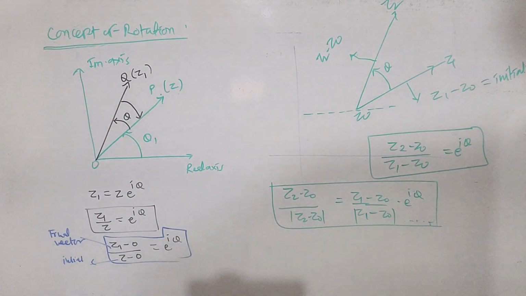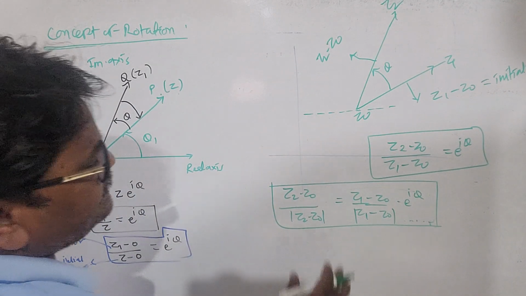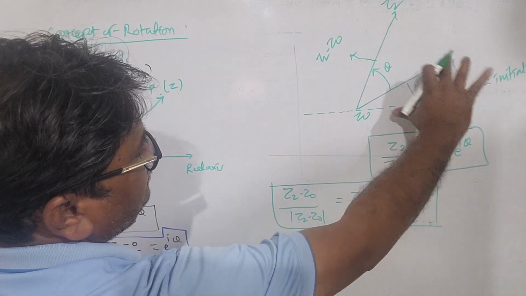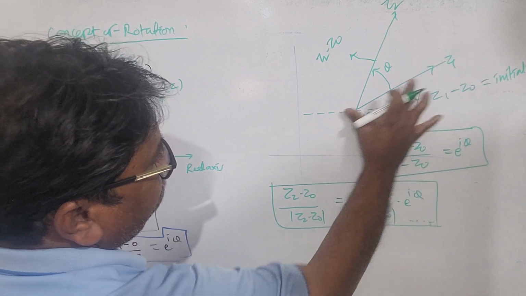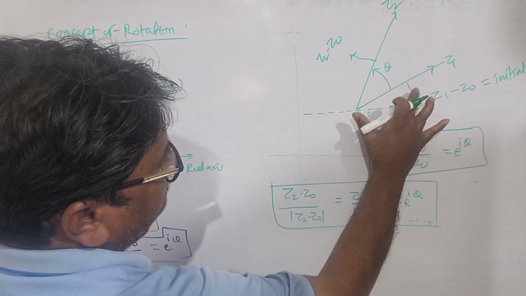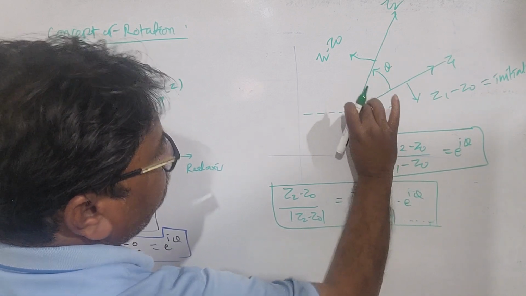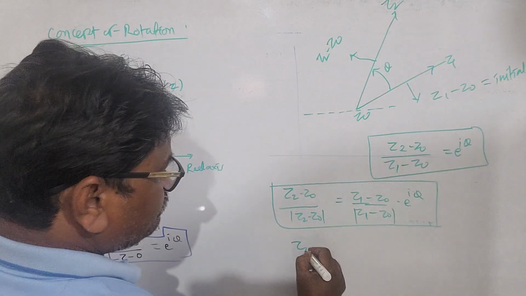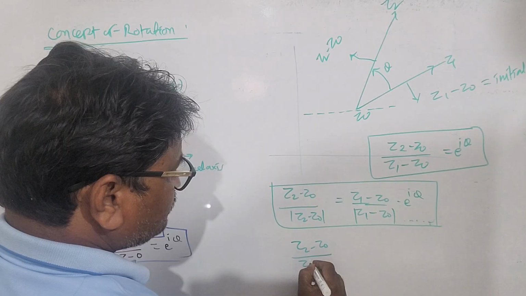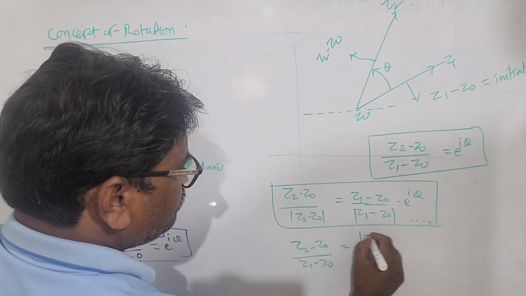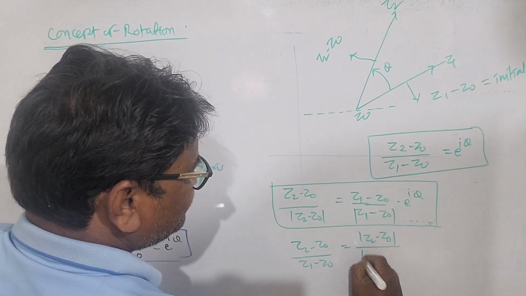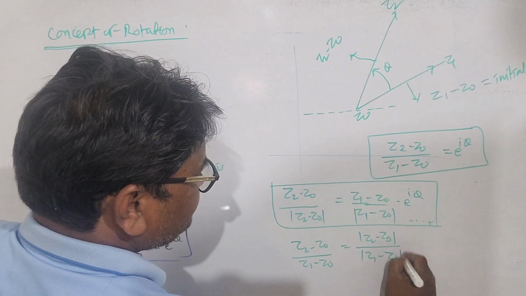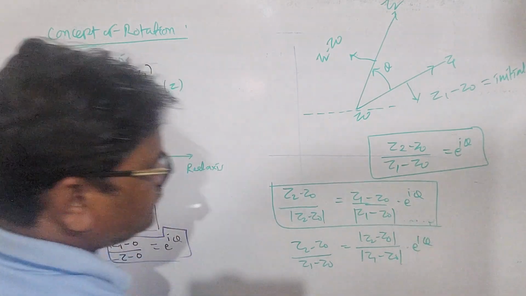So that is the case, correct? When the modulus of these two vectors are not the same, then we rotate the unit vector along this vector to get the unit vector along this vector. Or you can say that (z2 minus z0) upon (z1 minus z0) equals modulus of z2 minus z0 upon modulus of z1 minus z0 into e to the power iota theta.